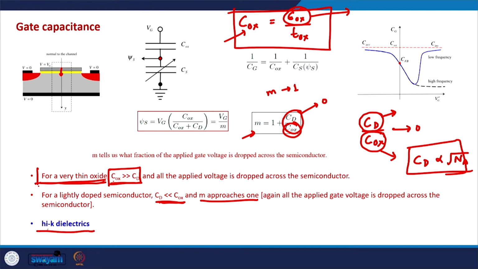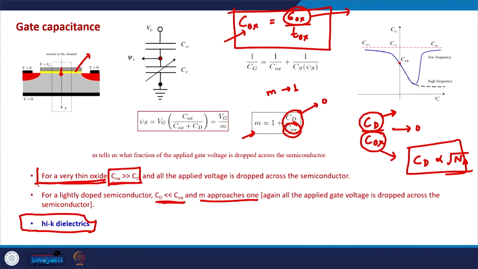So, this high K dielectrics is a new area, because generally in MOSFETs silicon dioxide is the oxide which is used as a gate oxide, and the reason for using silicon dioxide is the ease of fabrication, because we can just oxidize a very thin silicon layer to make silicon dioxide, and in that case we do not need to worry about the matching of the oxide and the silicon, and even the interface charges can be controlled to a large extent.